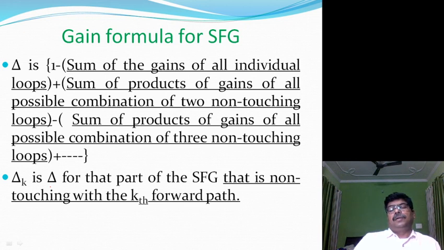In the tutorial section or practice session, problems will be discussed on sensitivity, on block diagram reduction and application of Mason's gain formula to get the gain between the output and input. Thank you very much.